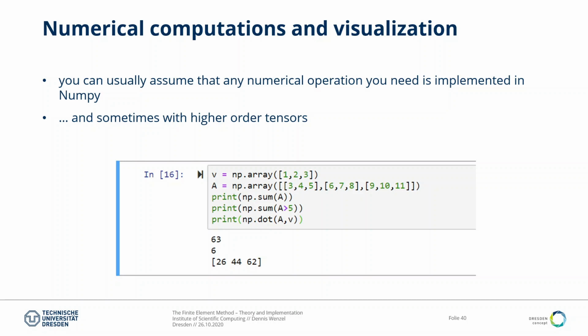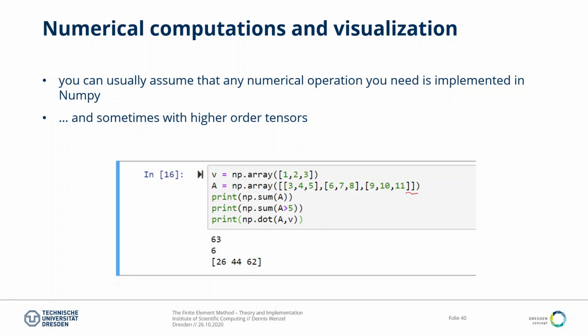And then if I want to form a matrix vector multiplication, the np.dot of A and V gives me what I would expect from a matrix vector multiplication. So this matrix times this vector. In order to create a higher order tensor from lists, you see here that I had to use double brackets for nested lists.